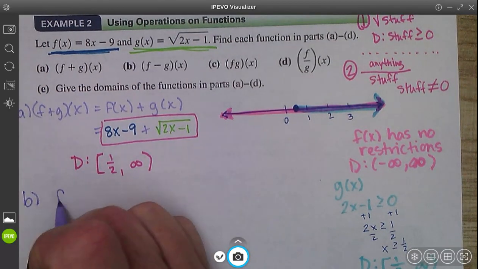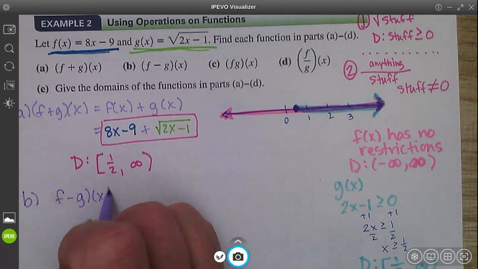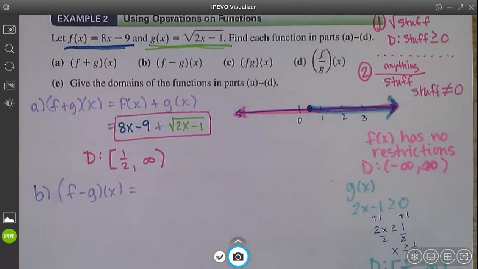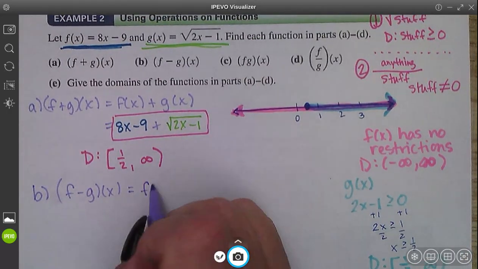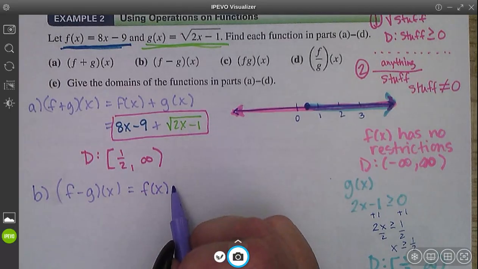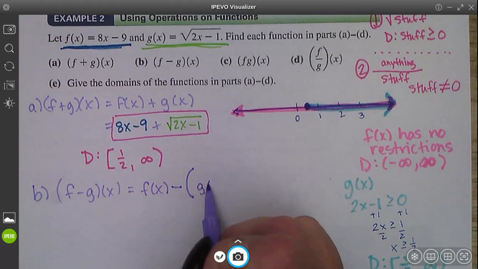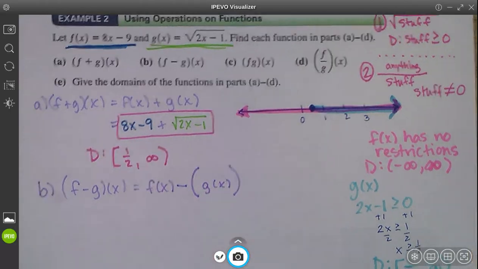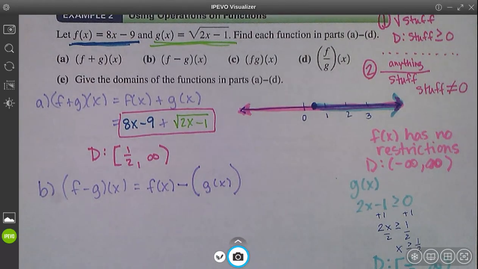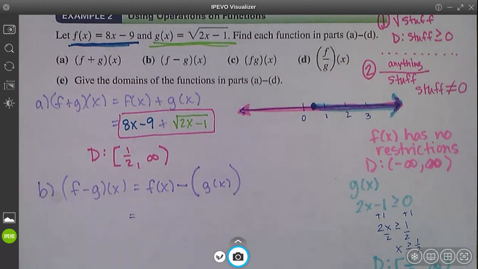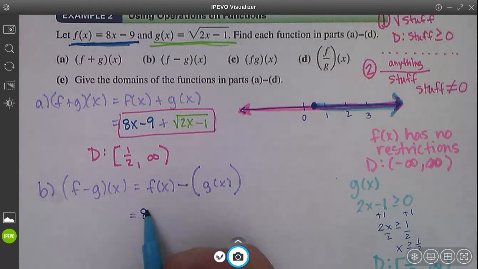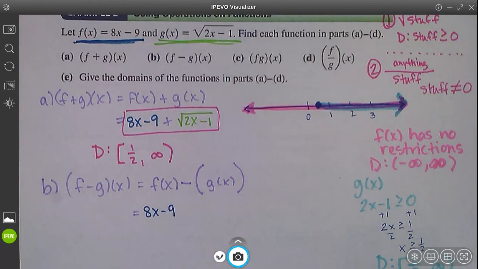On B, we have f minus g of x, which, remember, we want to take f of x. It doesn't need to be in parentheses, but g of x does. So f of x minus parentheses g of x. F of x was 8x minus 9, and then minus parentheses g of x.